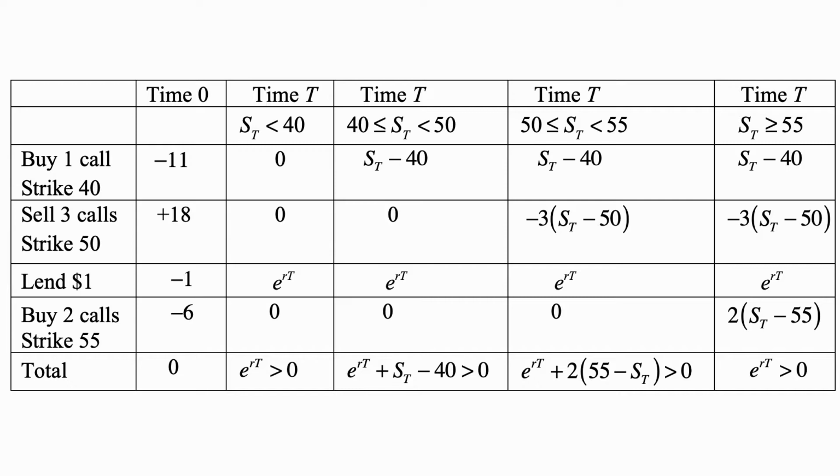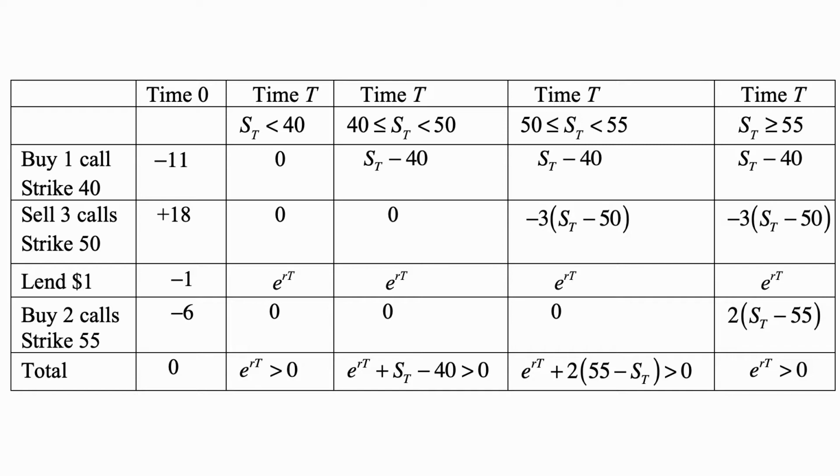The net position is e to the RT plus 220 minus 2 S sub t. And that's positive. And the reason why this is positive is because, of course, S sub t is less than 55.